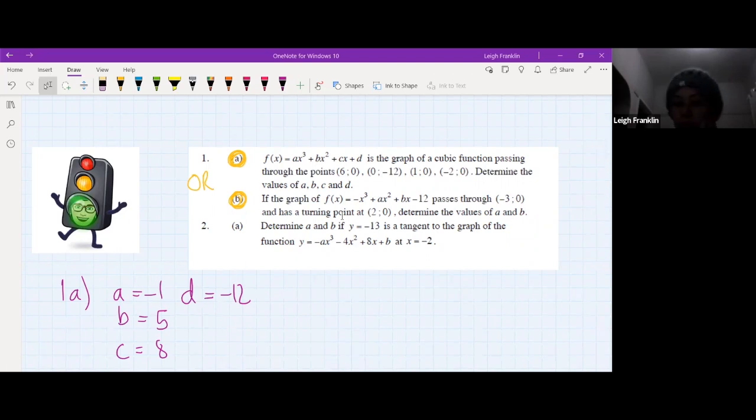Anyone do the second question? Okay, so if you do want to try the second question when I come back to it at some stage, you should get that A is equal to 1.